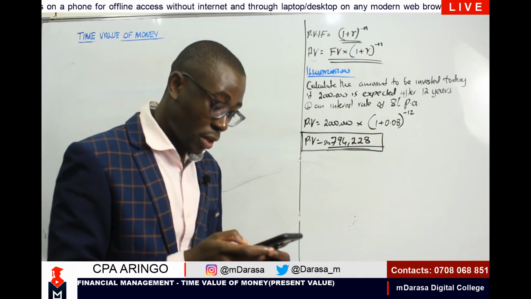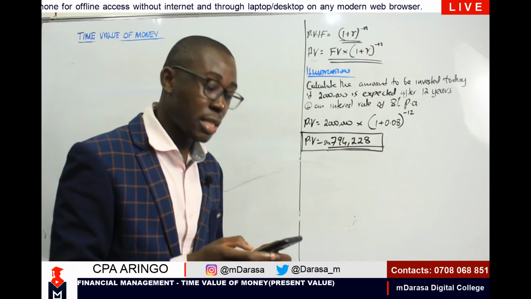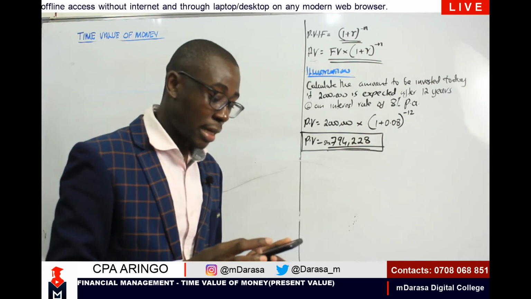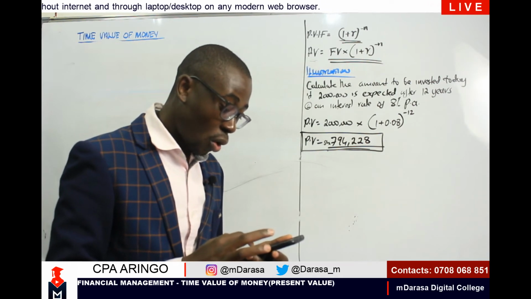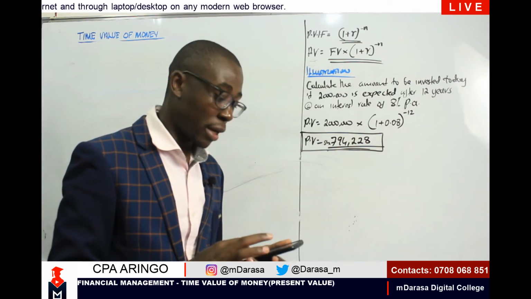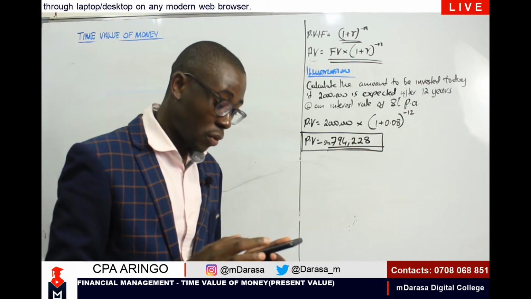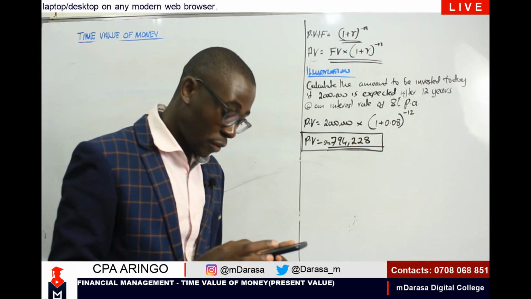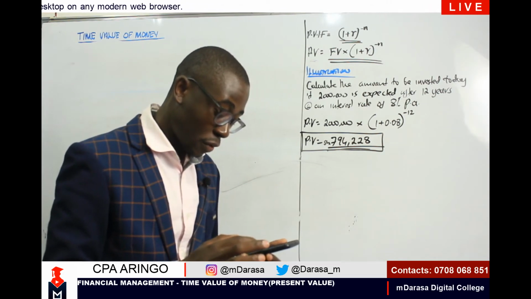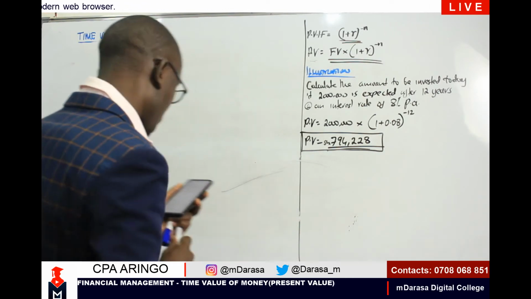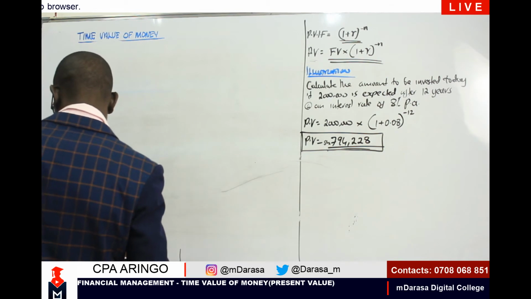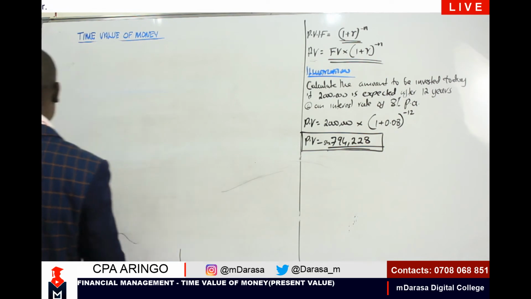Calculate the present value of the following cash flows for 5 years. Actually, this was for 4 years.